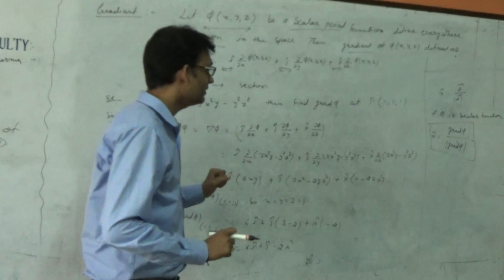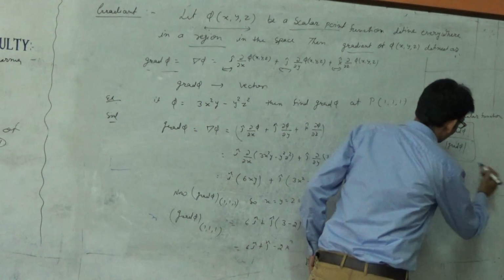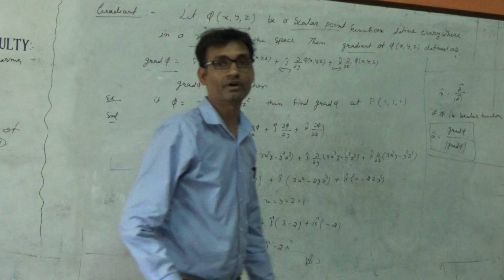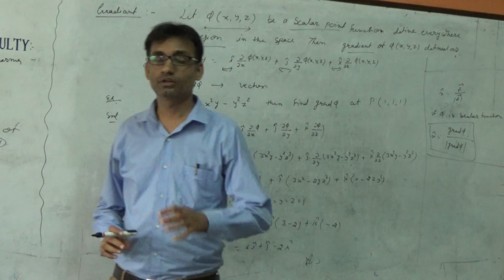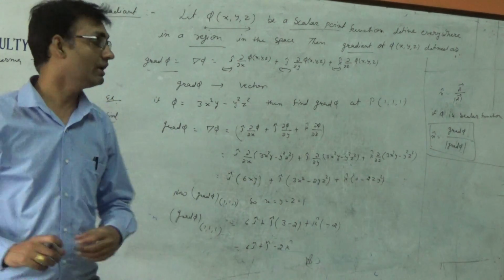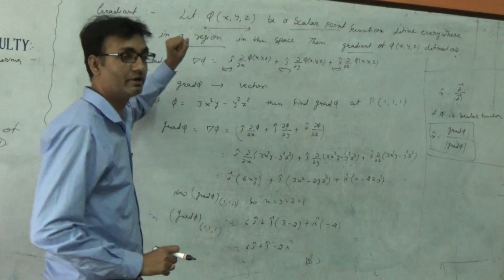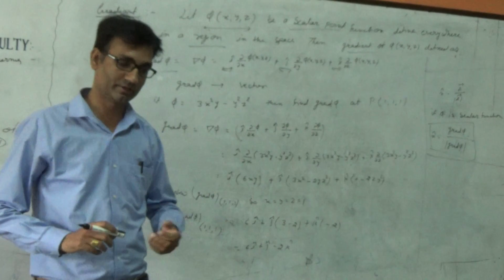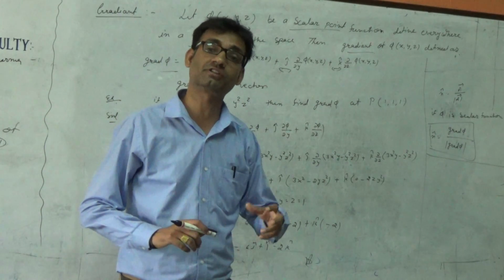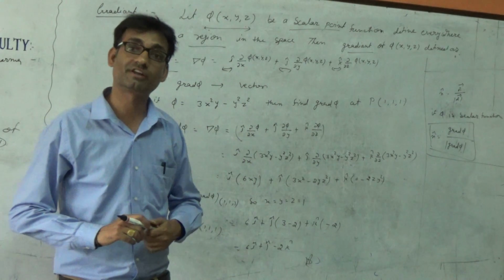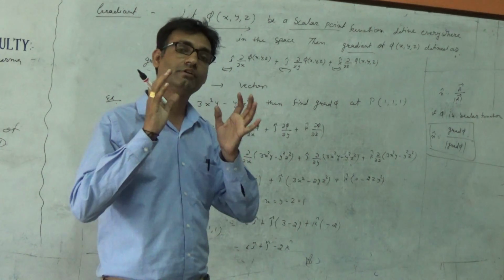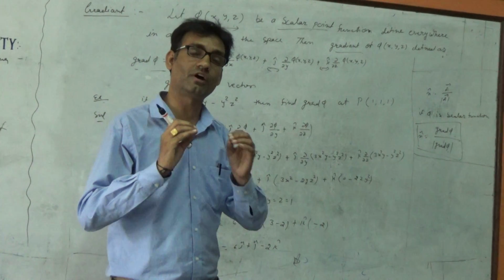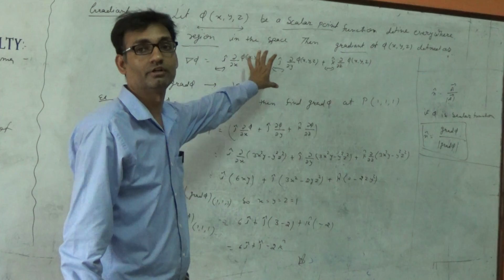Now the second thing: if a scalar function is defined with the directional derivative, then we also use the gradient. If in any part of the question the examiner asks about the potential of a scalar function, he is simply asking about the gradient.